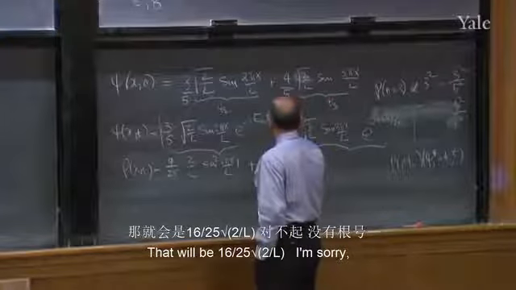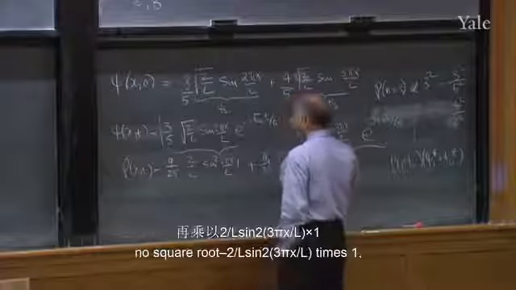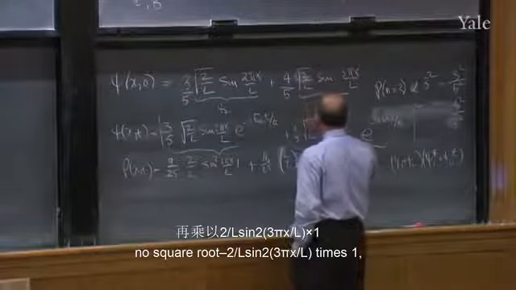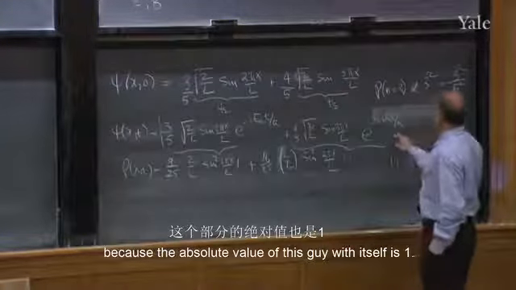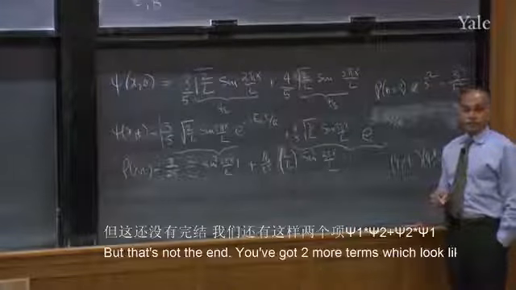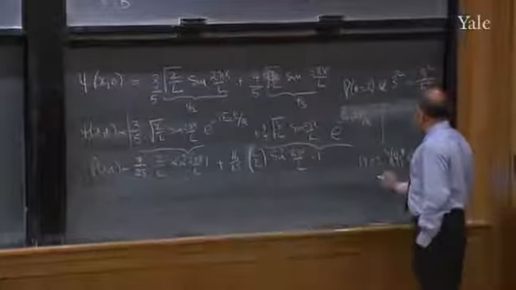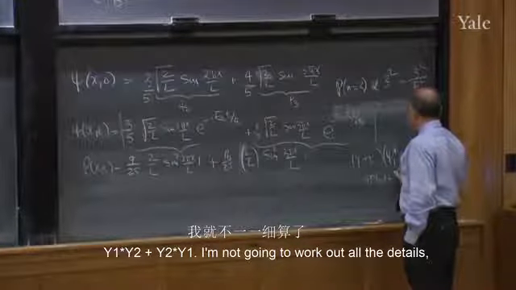That will be 16/25 times 2/L sine squared 3 pi x over L times 1, because the absolute value of this guy with itself is 1. But that's not the end. You got two more terms which look like psi 1 star psi 2 plus psi 2 star psi 1.